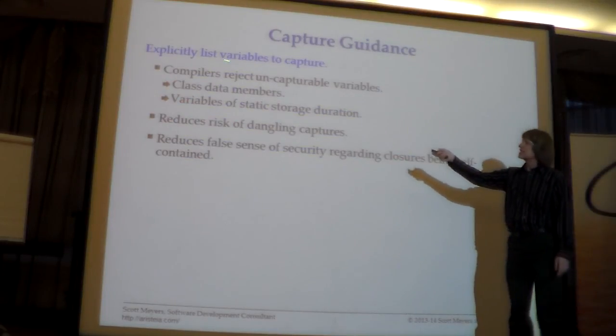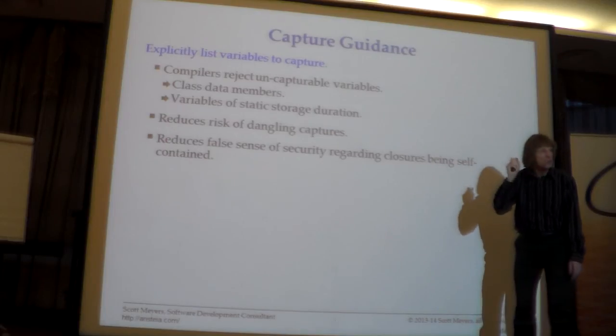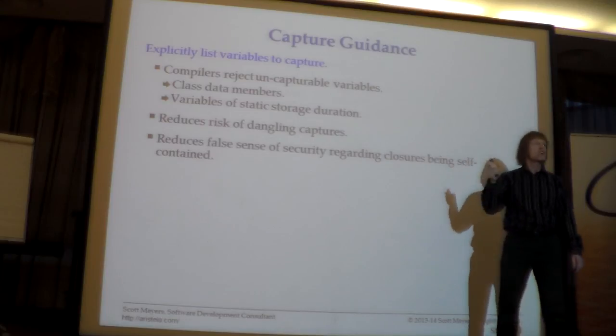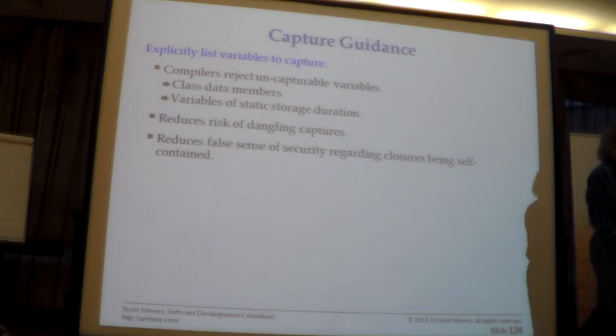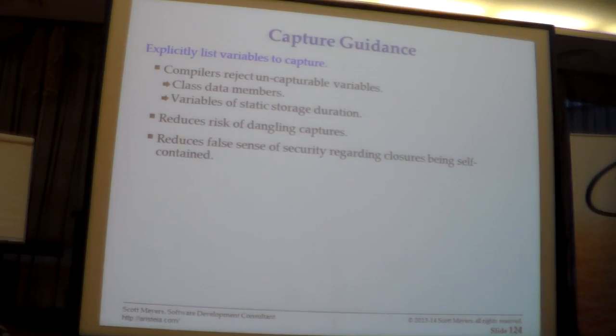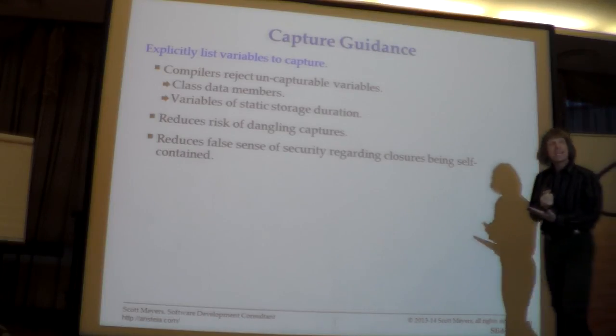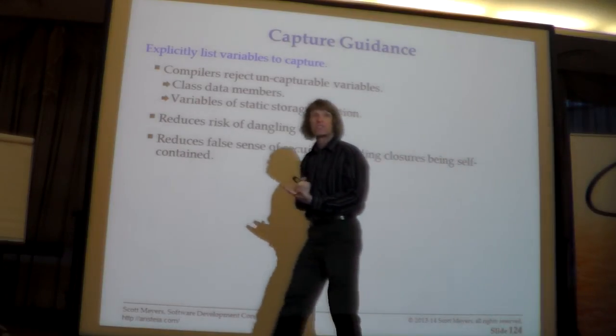Instead, if you explicitly list the variables you want to capture, this is where things become interesting. Compilers reject uncapturable variables. So for example, if you try to capture a class data member, the code will be rejected. If you try to capture something of static storage duration, like a local static, the code will be rejected. If you try to capture a global variable, the code will be rejected.